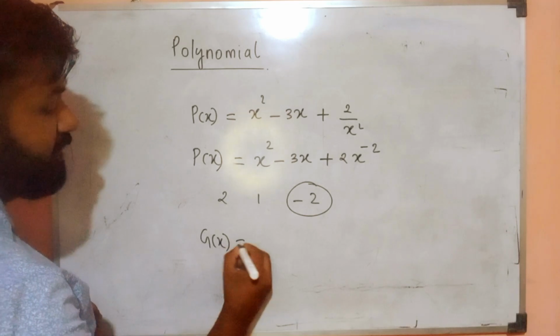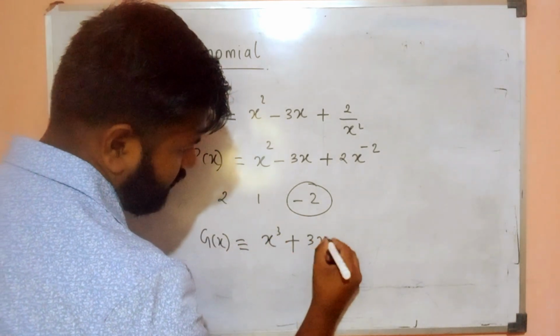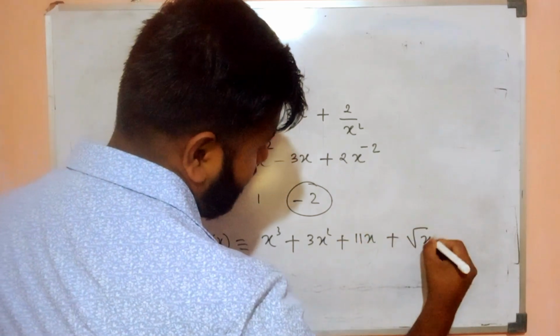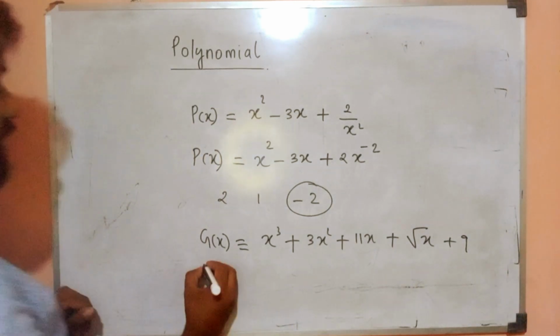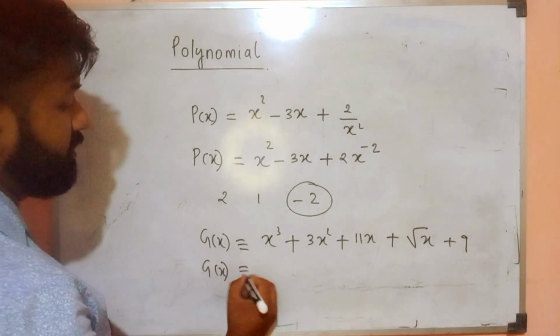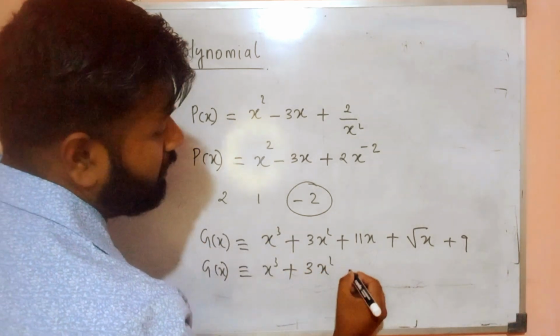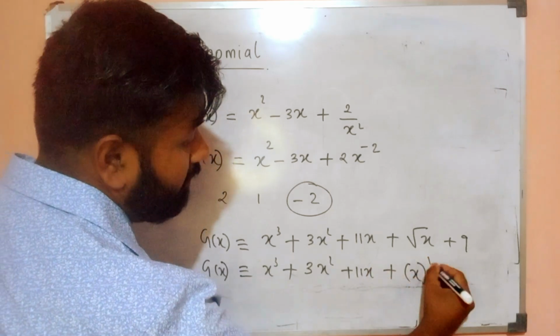Let's consider another example: x cubed plus 3x squared plus 11x plus root of x plus 9. What can you say about the exponents here? This is x cubed plus 3x squared plus 11x plus x to the power half.